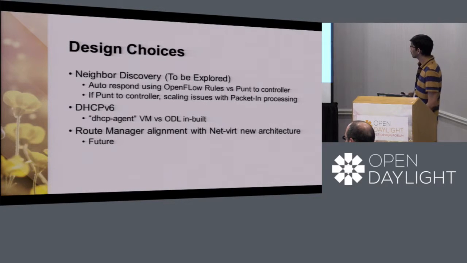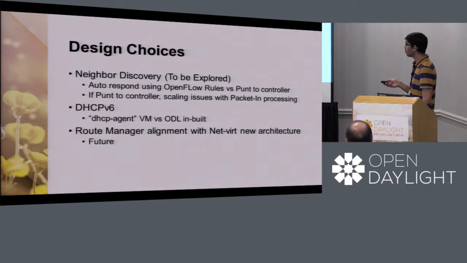And on design choices, some of them we need to detail more, but the concern of scaling is where to handle these neighbor discovery protocol messages: auto-respond using OpenFlow rules versus punt to the controller. If punting to the controller, are there any scaling issues that we need to handle?